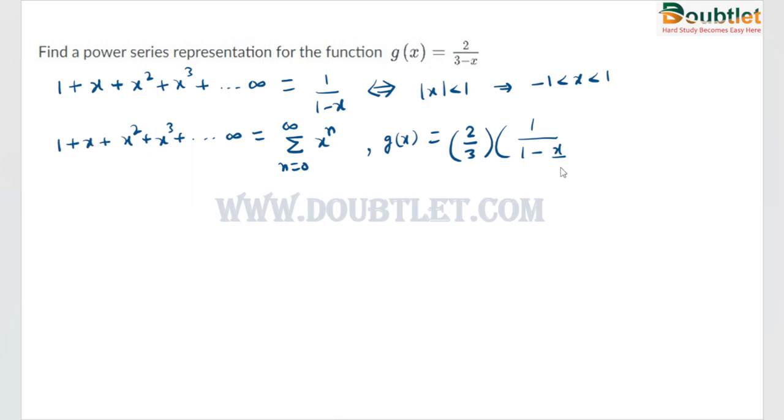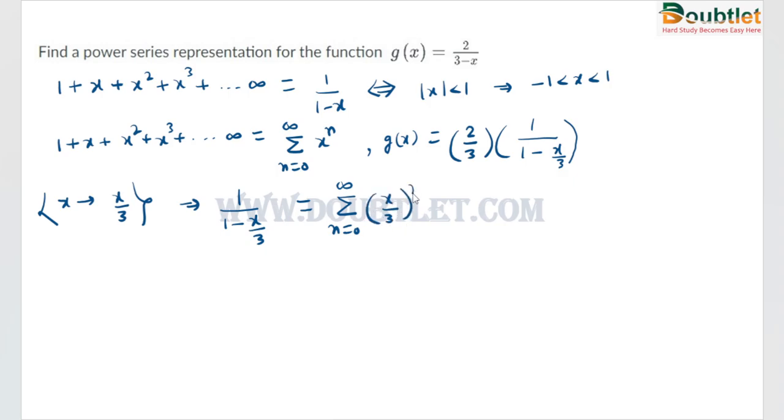Now we have to replace the term x by x by 3 in the summation series. So on the left-hand side x is replaced by x by 3, and on the right-hand side also x is replaced by (x by 3) to the power n.